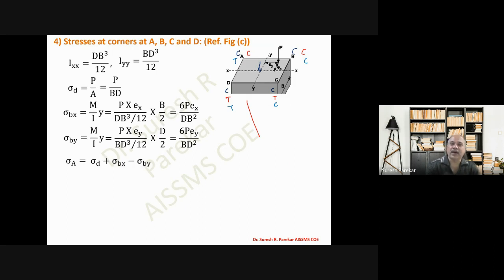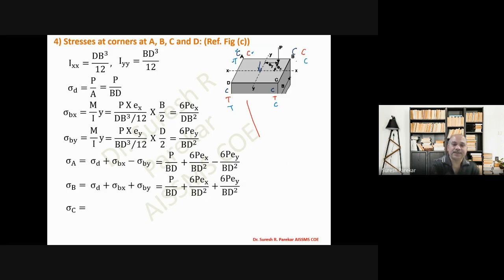So sigma A, you can see due to P we have compression, due to Mx in red we have positive, and due to My we have negative, tensile. So that is mentioned over here. So we have these values. Then sigma B, we have all compressions, so we have all plus.